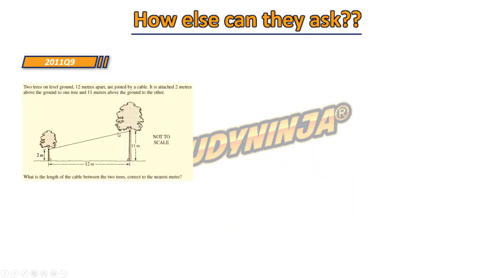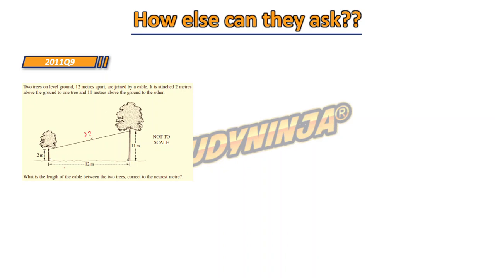Let me just take you through what is happening here. You've been told there are two trees. One of them is 2 meters, another one is 11 meters. You're told the distance between them is 12 meters, and all you're asked is basically this length, the cable that's connecting these two trees.